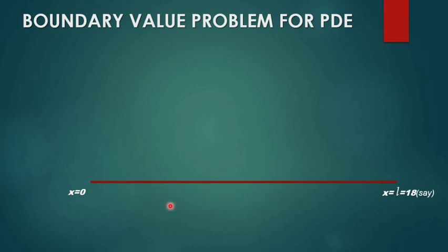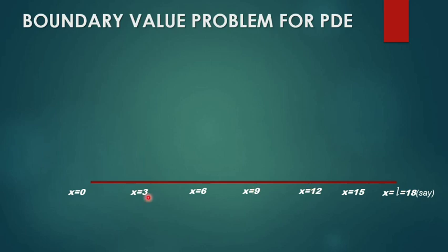So x values are x equal to 0, 3, and then when you again add 3, you will have x equal to 6, x equal to 9, x equal to 12, x equal to 15, and finally x equal to 18. So we have divided this whole length into 6 subintervals.